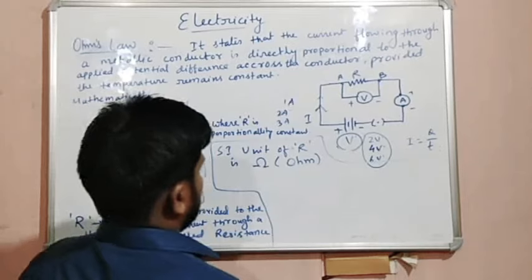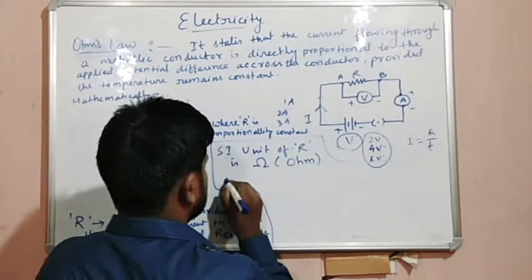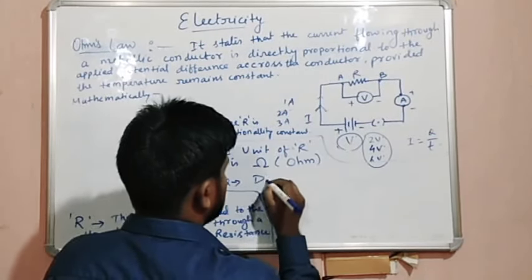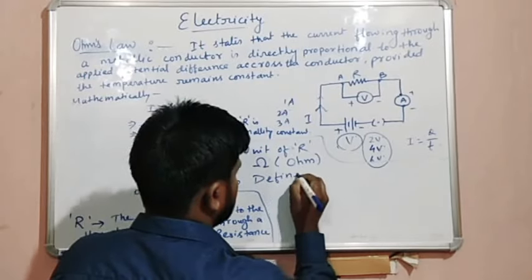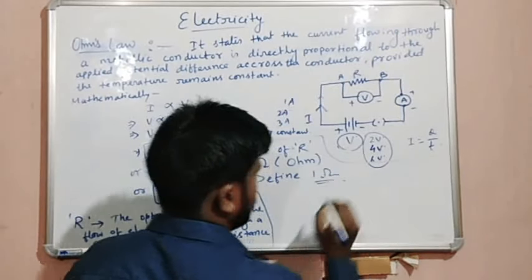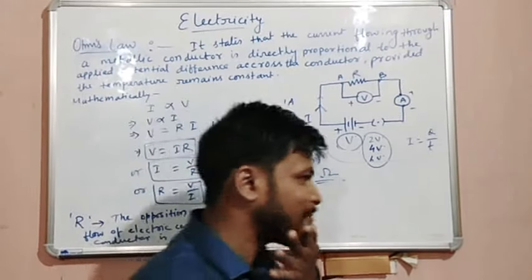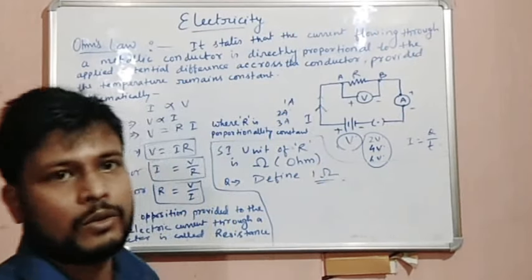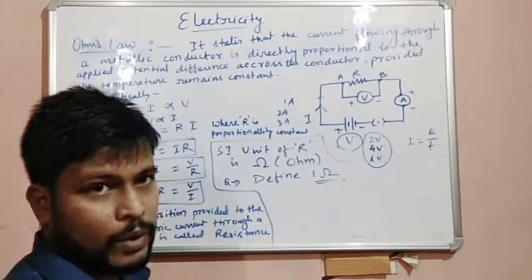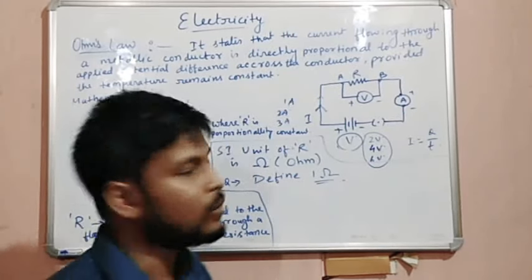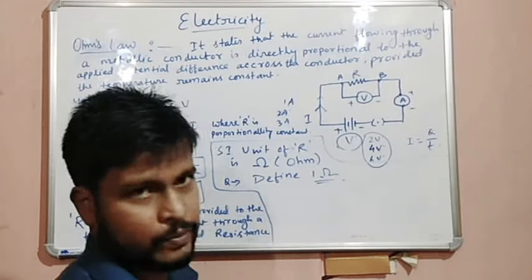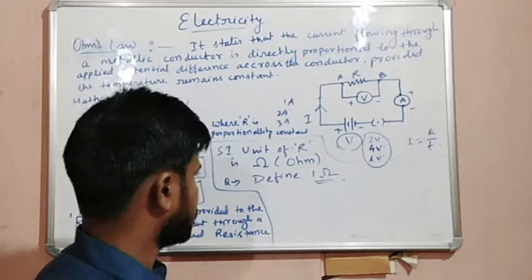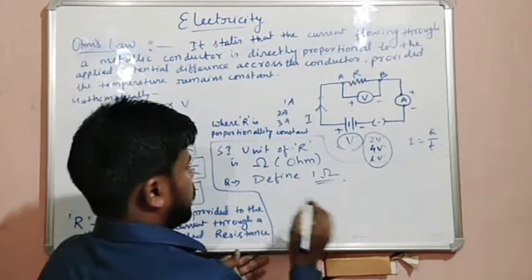So a question comes in the exam: define 1 ohm, very important. Define 1 ohm, like define 1 ampere. What is 1 ampere? You already know. You write it: what is 1 ampere, what is 1 volt, and now what is 1 ohm. You should write in your copies, define 1 ohm.